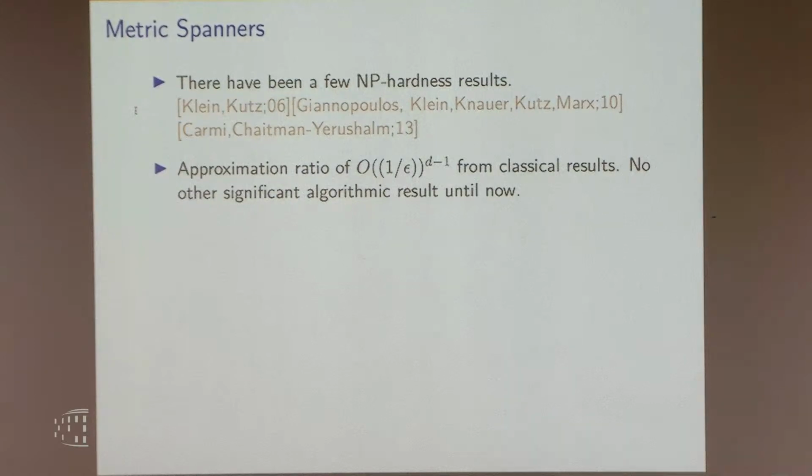You had the approximation factor of 1 over epsilon to the d minus 1 from, let's say, the packing bound. If you think of epsilon and d as constants, then you get a constant approximation, right? What else is to be done there? But here I think about d not being a constant and epsilon not being a constant. Then things start getting interesting, but I'm not aware of any significant algorithmic result.